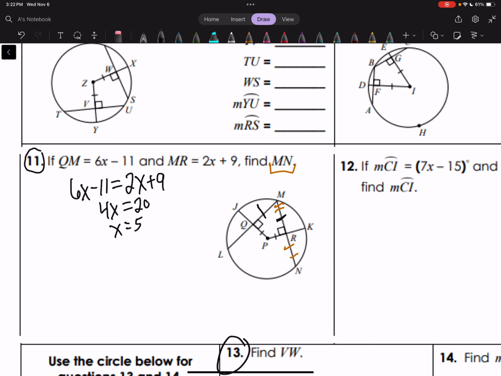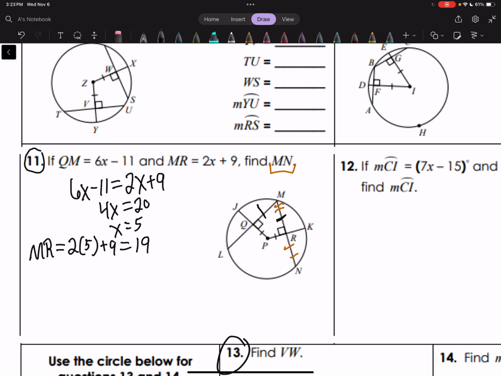All right, now I'm closer to finding MN, but I need to find the length of MR first. So MR is going to equal 2 times 5, plus 9. This is 2 times 5 is 10, plus 9, 19.